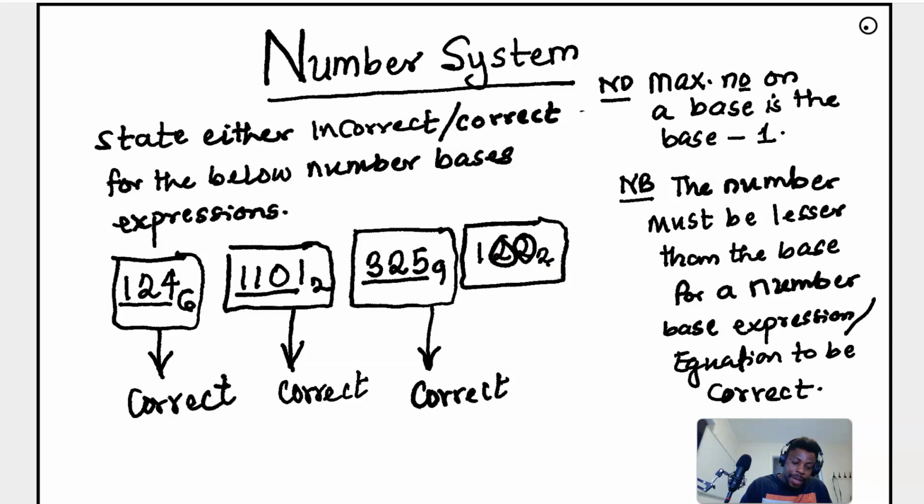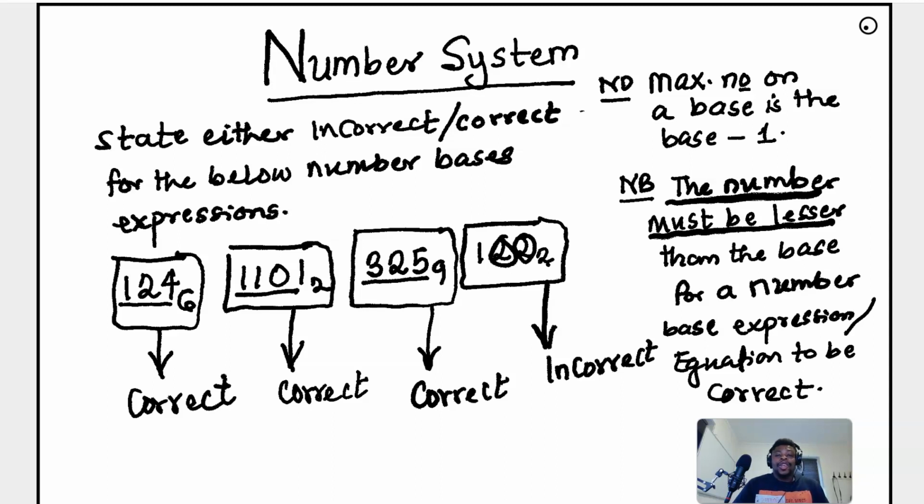And remember, I said for a number-based expression to be correct, the number must be less than the base. For this one here, 2 is equal to the base. So this is what? Incorrect.